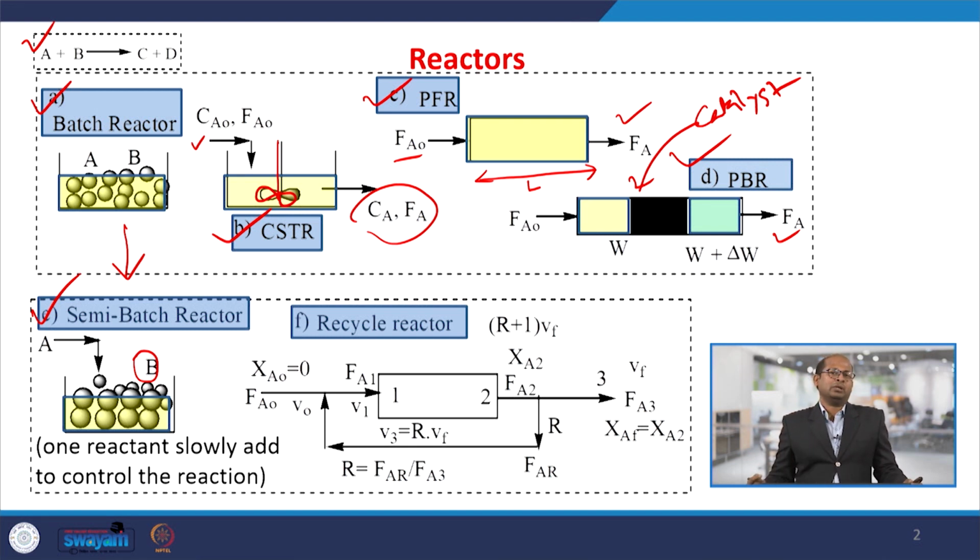We can control the flow or addition of component A. If you consider A plus B both as reactants, when both are present inside the reactor, then the reaction will take place. From the beginning a large quantity of B you have taken, but A was absent. Then when a limited quantity of A comes, the reaction will start. If you do not feed any A, then the reaction will stop. That is the beauty of this particular reactor.